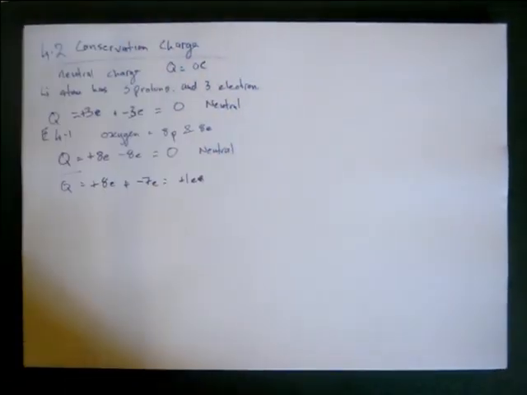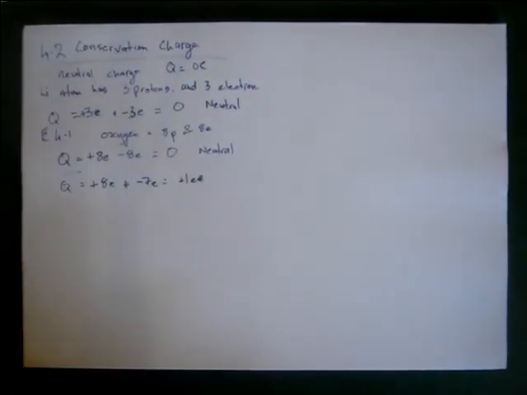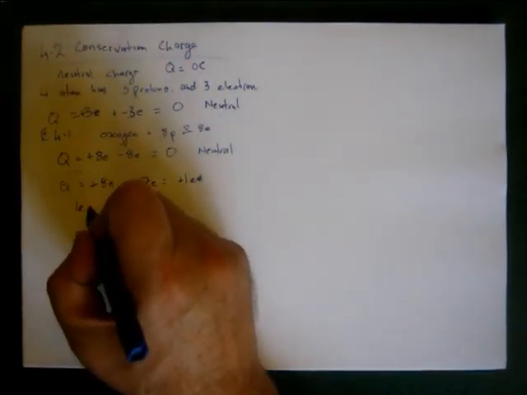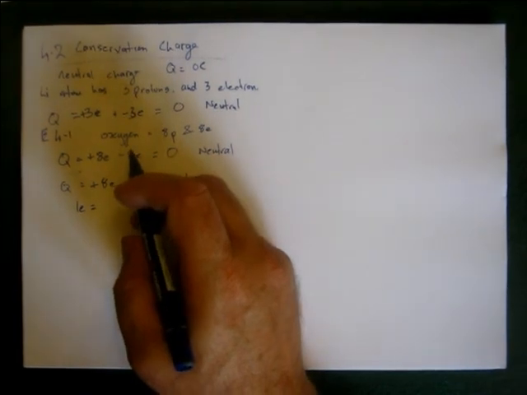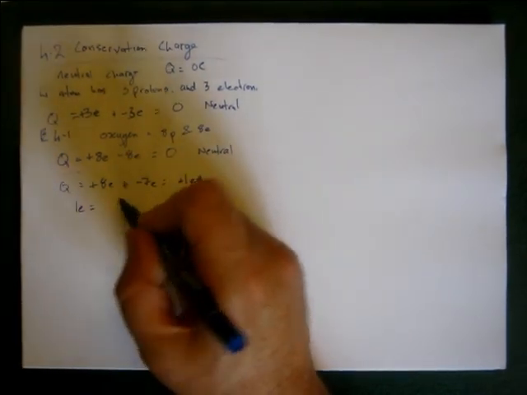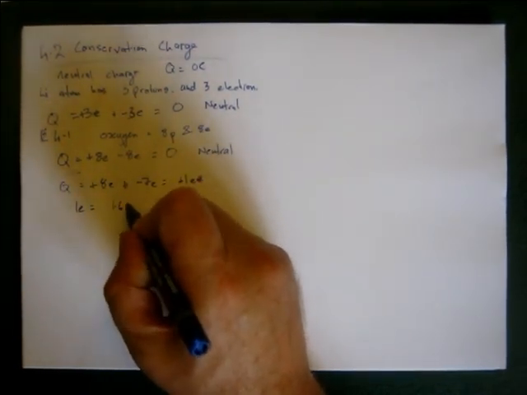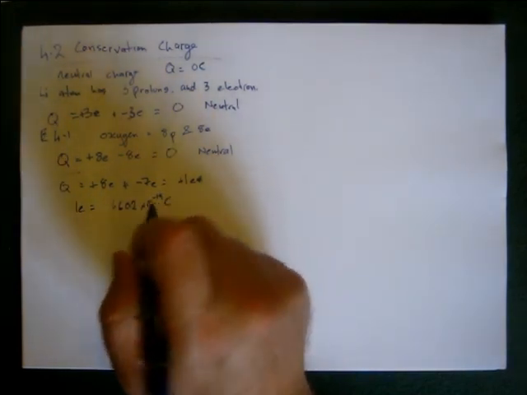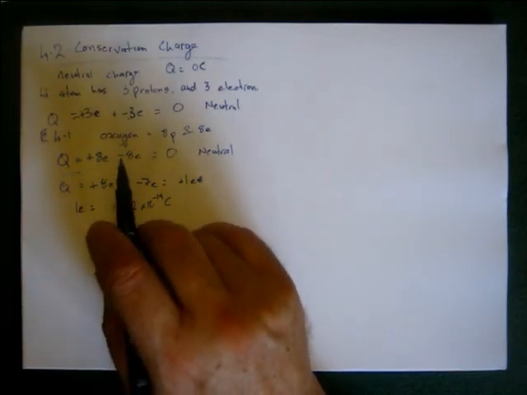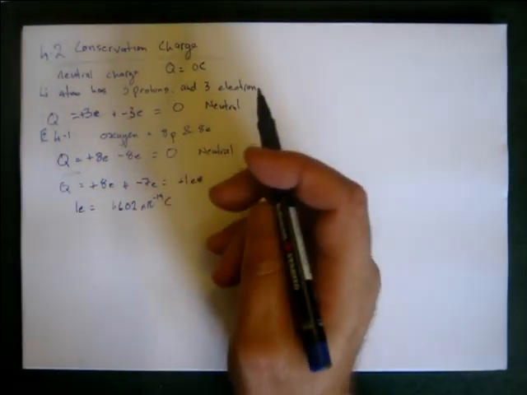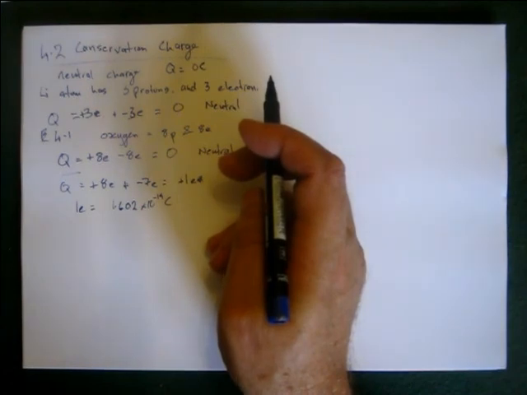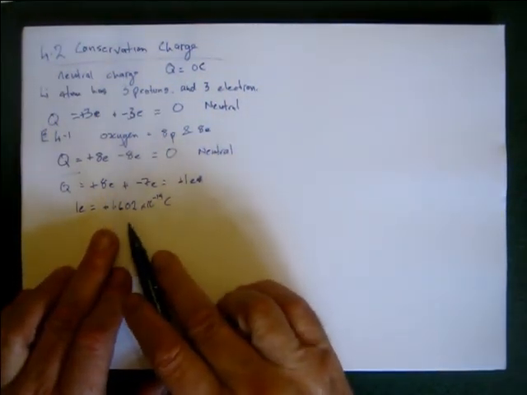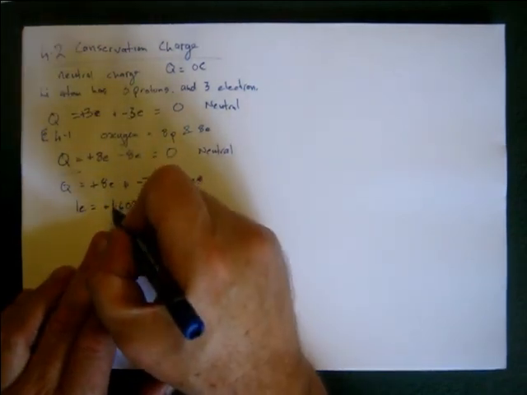Elementary charge, not electron volt. So what's that actually equal to as a charge? So 1e equals, we had it just before, 1.602 times 10 to the negative 19 coulombs. So for exercise 4.1, if I remove 1 electron, I end up with a positive charge of 1.602 times 10 to the negative 19 coulombs.